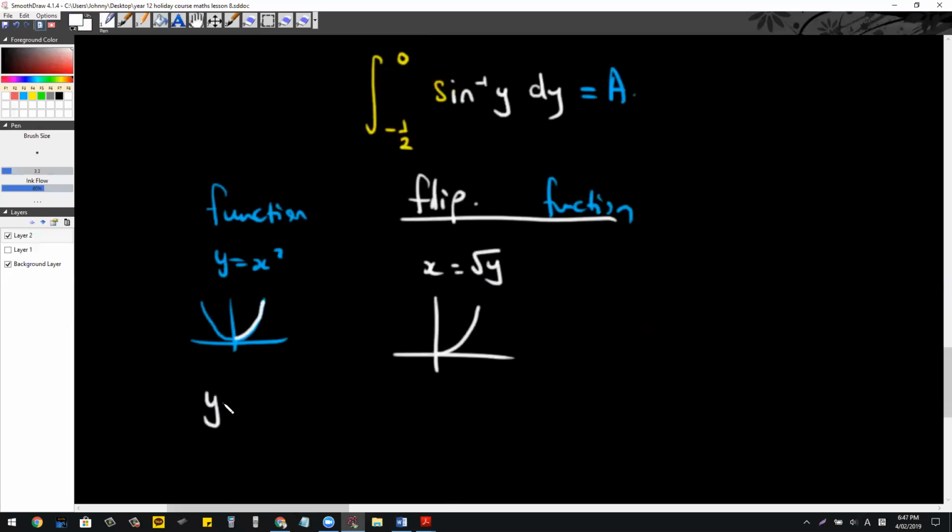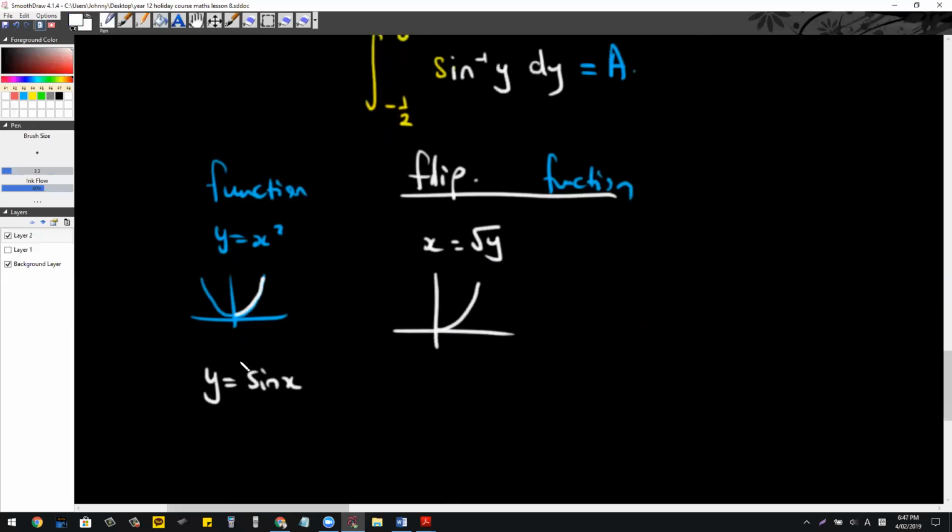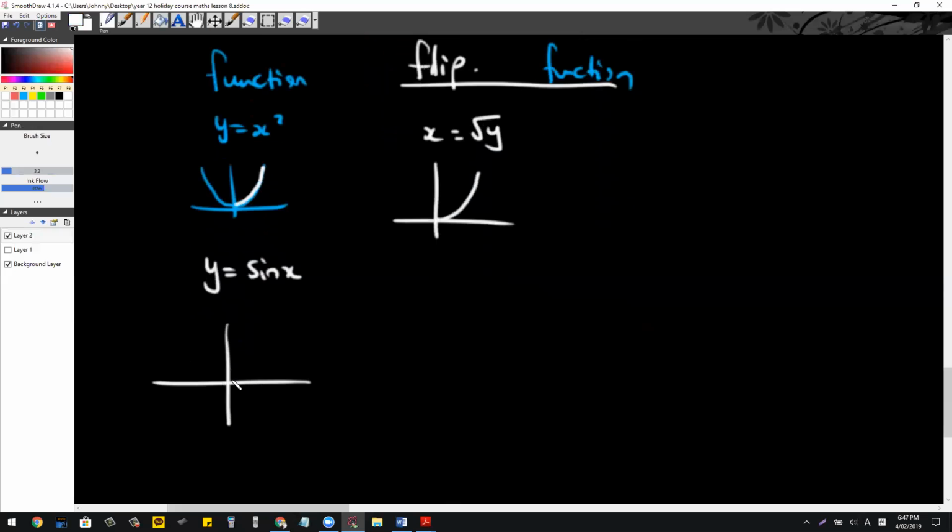So if I have y equals sine of x, then we have this and this and this. This goes on forever. But if I flip the equation to x equals sine inverse of y, then I'm only getting this bit here.